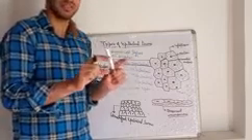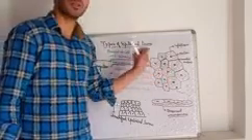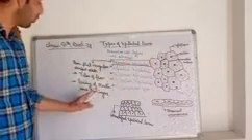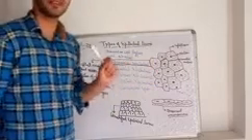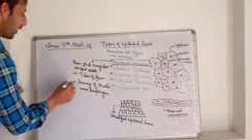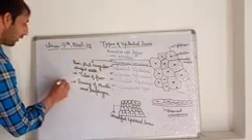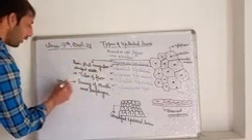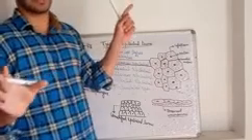Simple: thin, flat, single layer of cells.